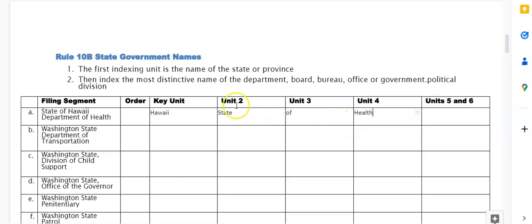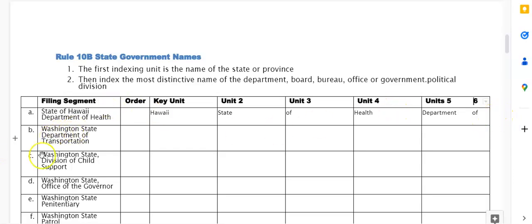Health is the most distinctive name of the department because you can have a lot of State of Hawaii departments. Health is, as I said, most important. Then Department is unit 5. Because I don't have too many columns available in my sheet, Of is unit 6, and I'll just move that there. So State of Hawaii Department of Health would be filed as Hawaii State of Health Department of.